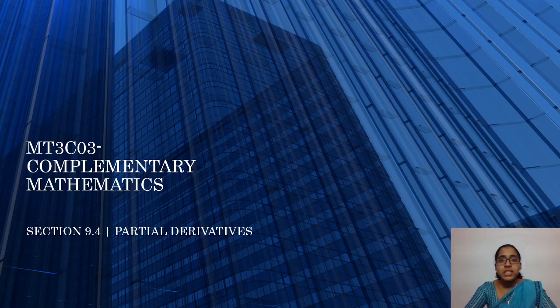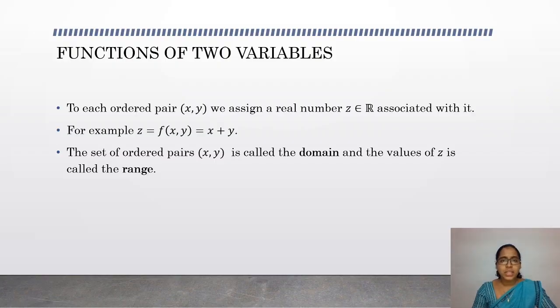Before studying what partial derivatives are, we must understand what is meant by functions of two variables. We had discussed normal functions of one variable, that is y is equal to f of x. In y equal to f of x, y is the particular function and it depends upon the variable x.